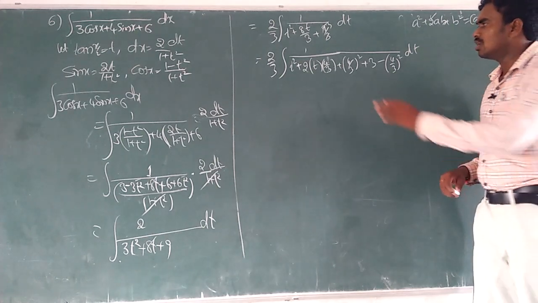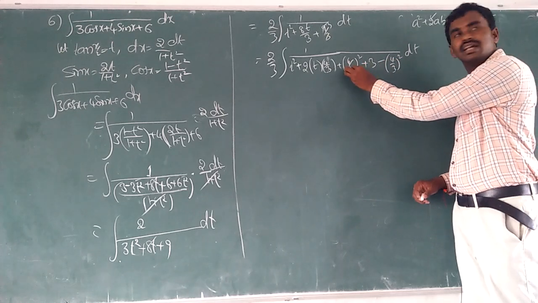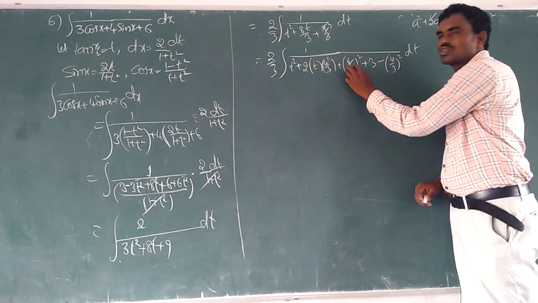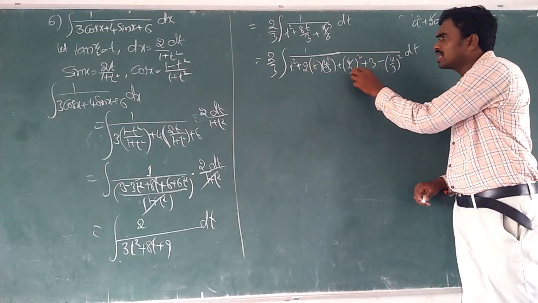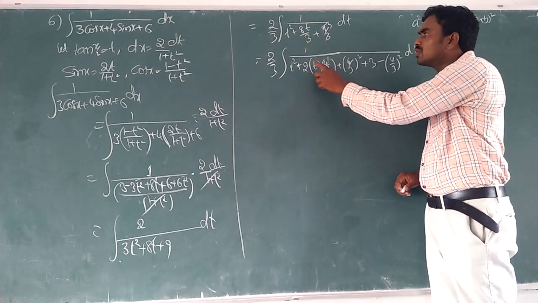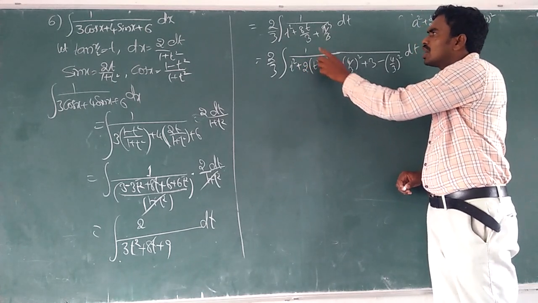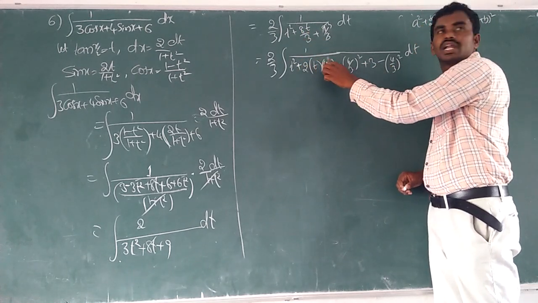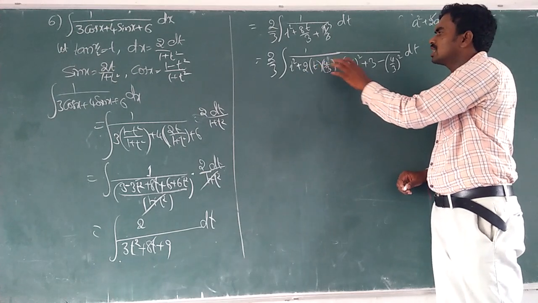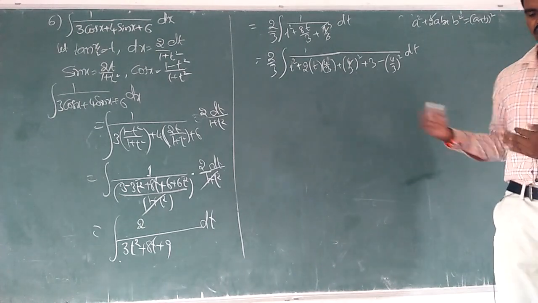See here, 4 by 3 whole square is added and subtracted because it is needed to satisfy a plus b whole square. I am taking 4 by 3 only because when 8t by 3 is split as 2 into t into something, that something becomes 4 by 3. That's why 4 by 3 square is added and subtracted.